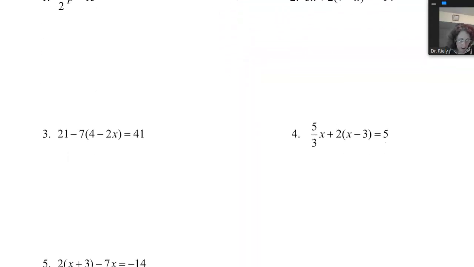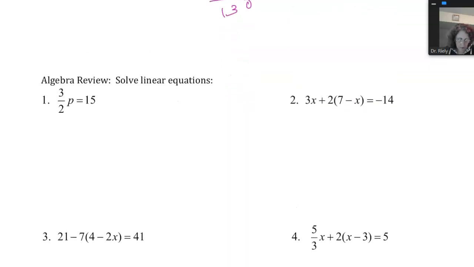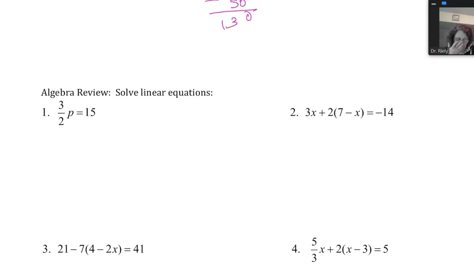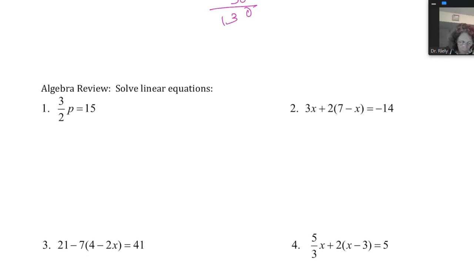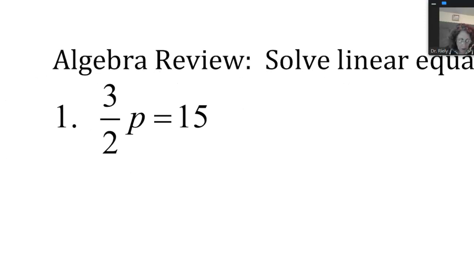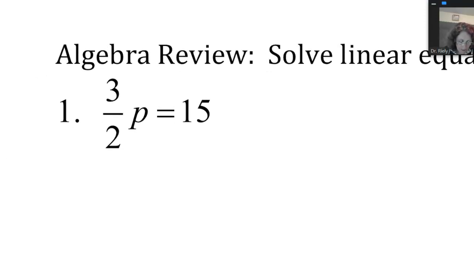Okay, here are the 5 algebra problems, very similar to the ones that were in the packet, and to what you've gone over and we've reviewed before. My strategy, there's a couple of different ways to do this. If I want to do the first problem, I'm going to use the multiplicative inverse and multiply by 2/3.